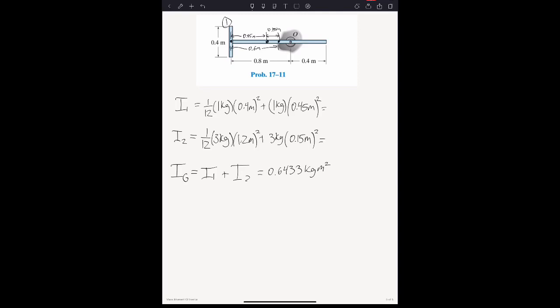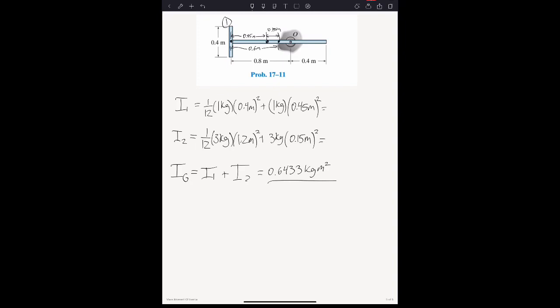This value must be used if we are going to find the angular acceleration of this object if it was released from rest. We can do that problem now, but I'm not going to. Cool. Maybe we'll look at that in a future example problem.